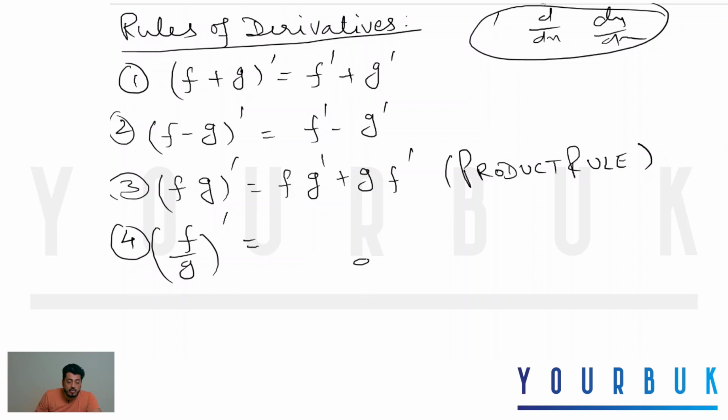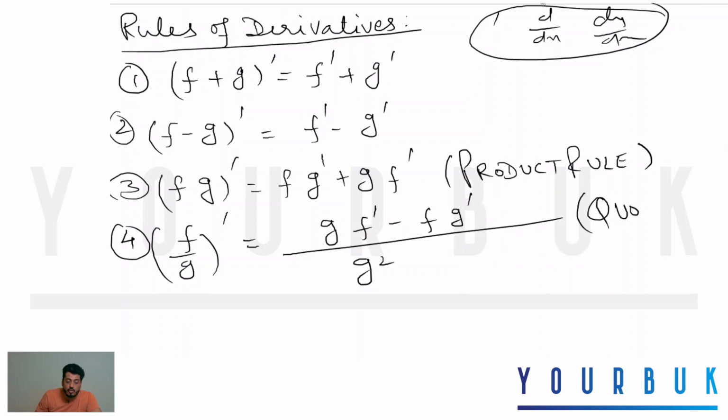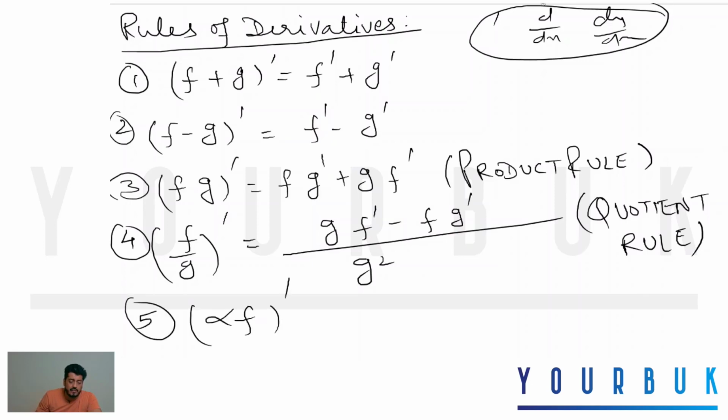The rule says that g square is in the denominator, and the numerator is g f dash minus f g dash. This rule is known as the quotient rule. And you know the scalar multiple rule also, that is, the derivative of alpha f is alpha times the derivative of f, where alpha is a scalar. So these are the 5 basic rules of derivatives which you should know.